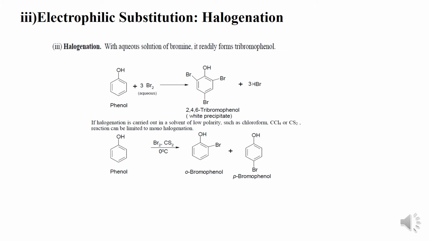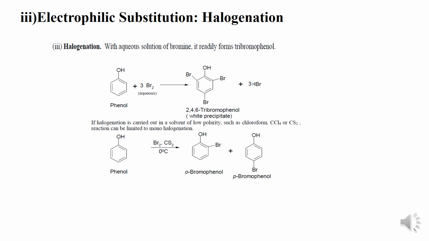These three are the electrophilic substitutions mentioned. Nitration gives 2,4,6-trinitrophenol and ortho or para nitrophenols. Sulfonation means phenol treated with sulfuric acid gives sulfonated phenols.